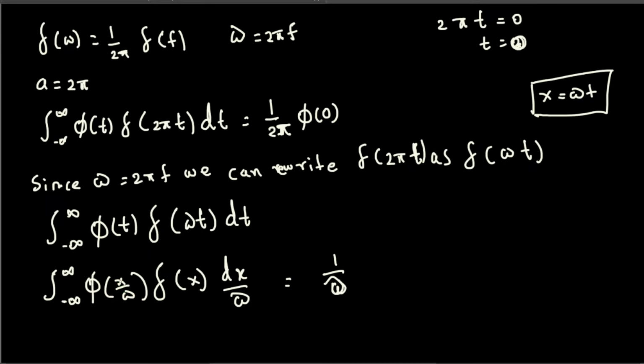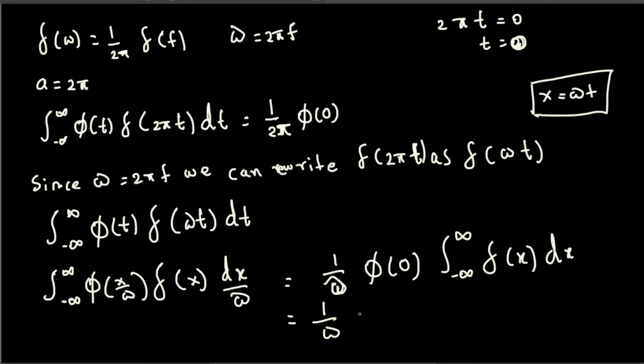So we can replace this x with 0, which makes φ be φ of 0. Then we have integration from negative infinity to infinity of delta of x dx, and if you integrate an impulse function, that's equal to 1. So the final answer is going to be 1 over omega φ of 0.